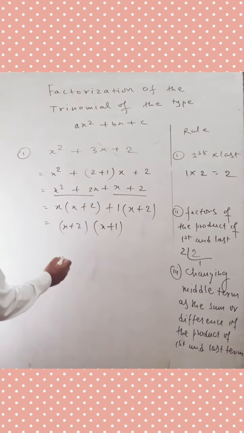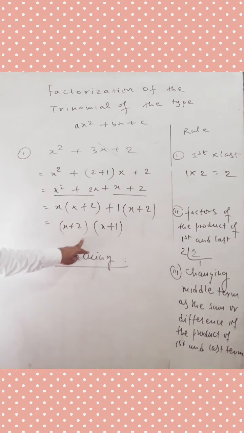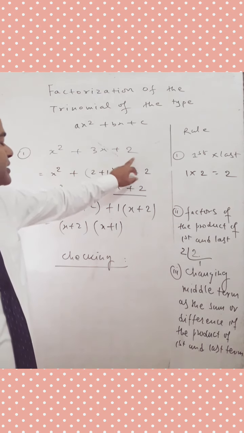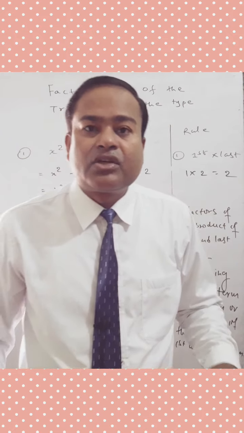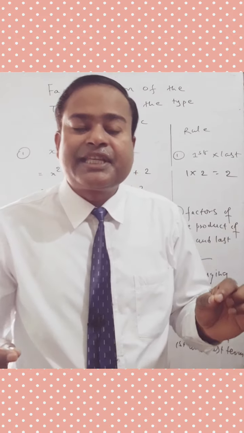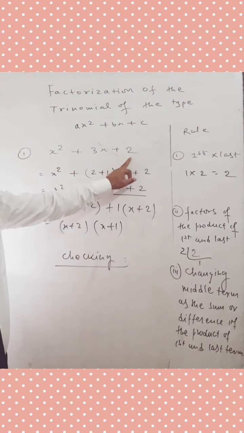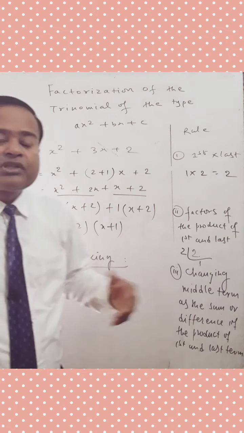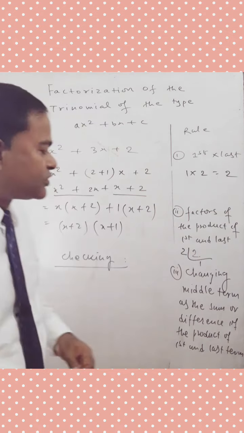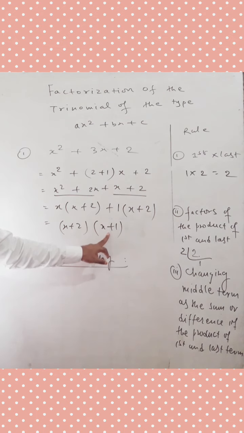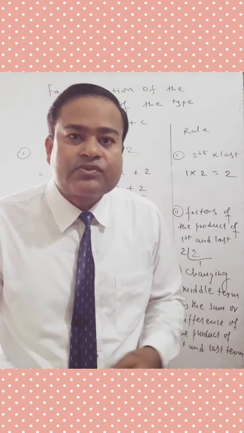Now let's do checking. For x squared plus 3x plus 2, we have got 2 factors, x plus 2 and x plus 1. Factorization is the process of changing any expression into product form. We have already changed x squared plus 3x plus 2 into product form, with x plus 2 and x plus 1 as the first and second factors. So if we take the product of x plus 2 and x plus 1, we'll again get the same expression, x squared plus 3x plus 2.